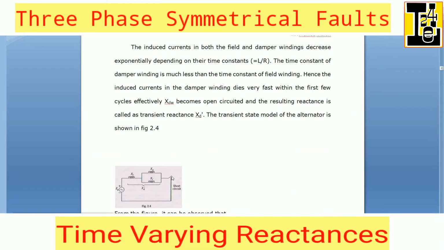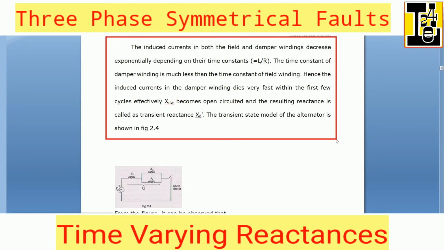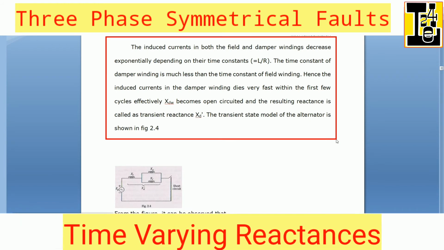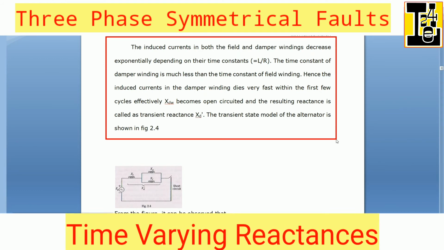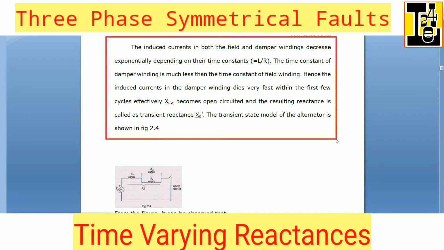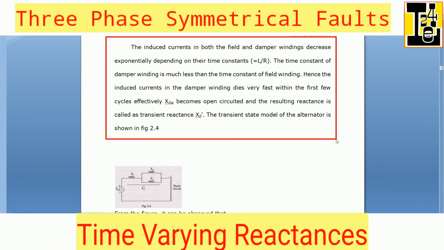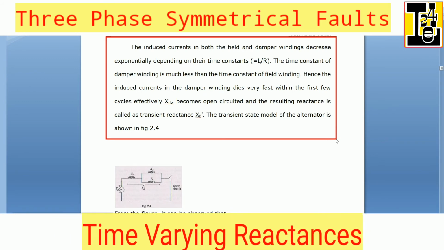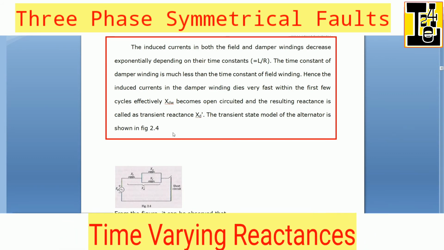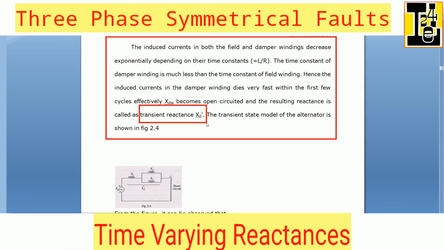The induced currents in both the field and damper windings decrease exponentially depending on their time constants, that is L by R. The time constant of the damper winding is much less than the time constant of the field winding. Hence, the induced currents in the damper windings die very fast within the first two cycles. Effectively, XDW becomes open circuited and the resulting reactance is called the transient reactance XD dash.